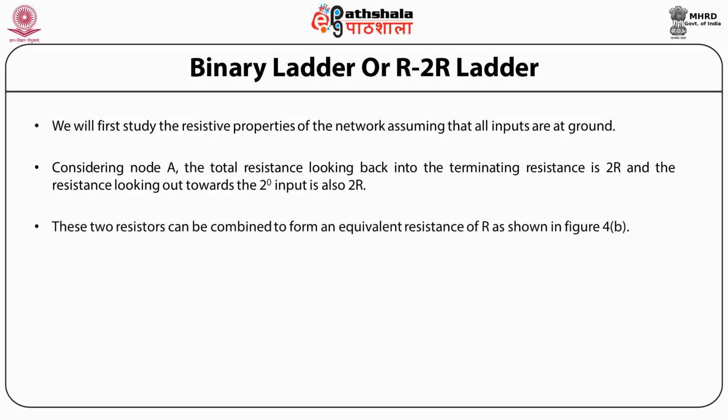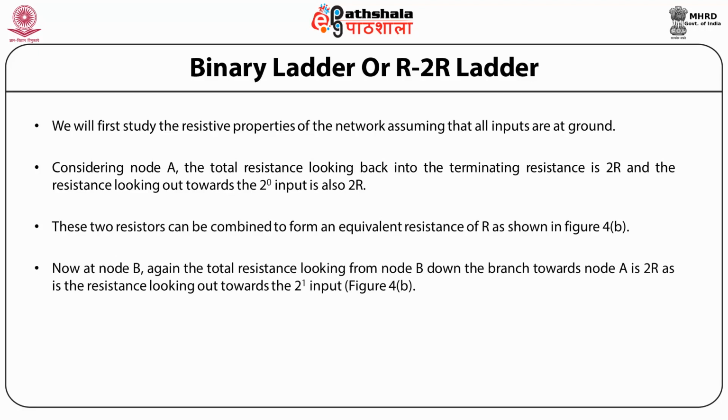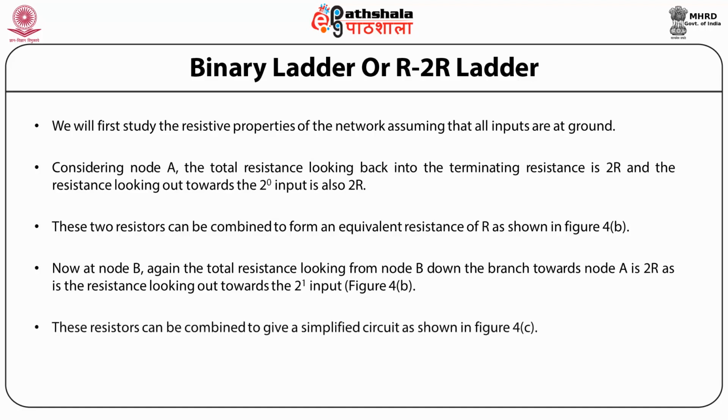These two resistors can be combined to form an equivalent resistor of R, which is shown in figure B. Now, at node B, again, the total resistance looking from node B down the branch towards node A is 2R, as is the resistance looking out towards the 2^1 input, which is shown in figure B. Now, these two resistors can be combined to give a simplified circuit, which is shown in figure C.